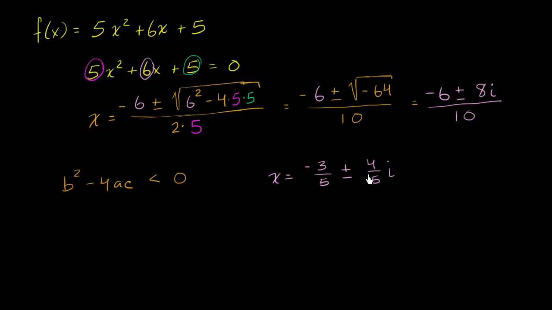Or you could say that the two roots, which are non-real complex roots, are x is equal to negative 3/5 plus 4/5 i, that's one of the roots, and then the other root is x is equal to negative 3/5 minus 4/5 i. Notice, we satisfied the fundamental theorem of algebra. We have two roots. If we have an nth degree polynomial, we're going to have n complex roots.